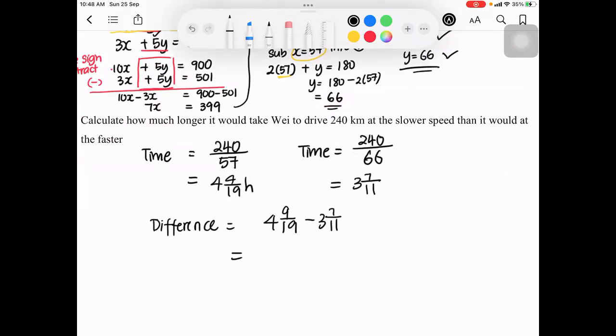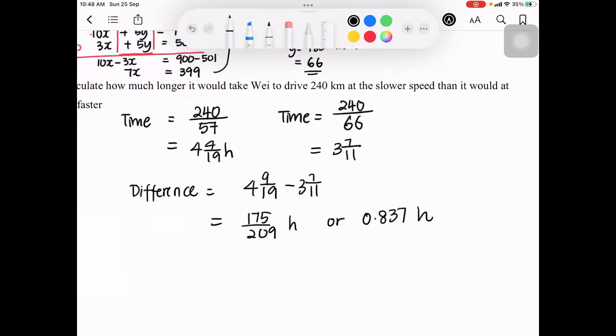Answer: 175 over 209 hours. Okay, maybe I'll put decimal, 0.837 of an hour. Or if you want minutes, times 60, 0.837 times 60, that'll give you 50.2 minutes.